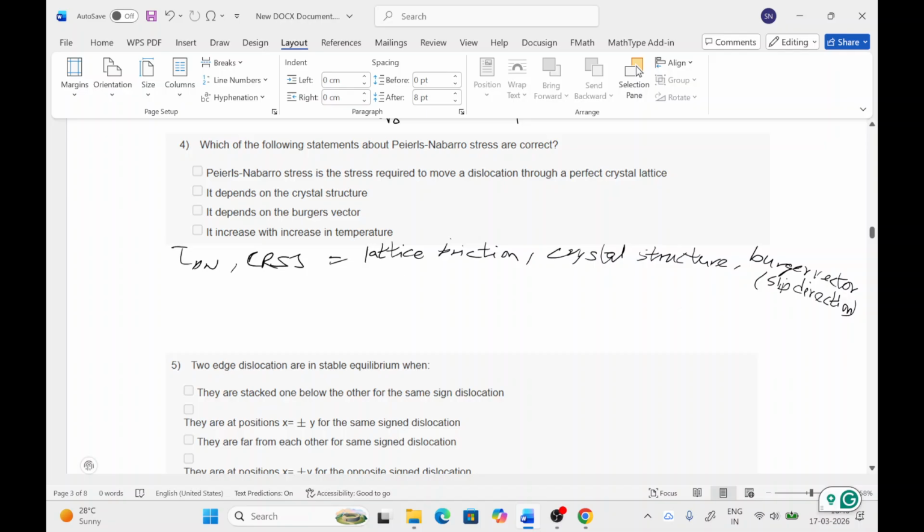But if we talk about temperature, the Peierls-Nabarro stress does not depend on temperature. It is calculated at 0 Kelvin. But the CRSS varies with temperature.